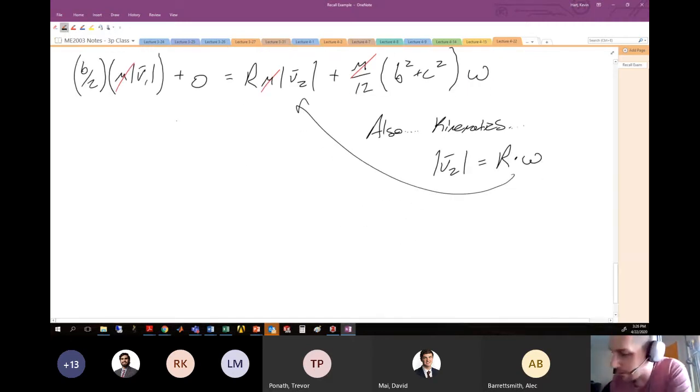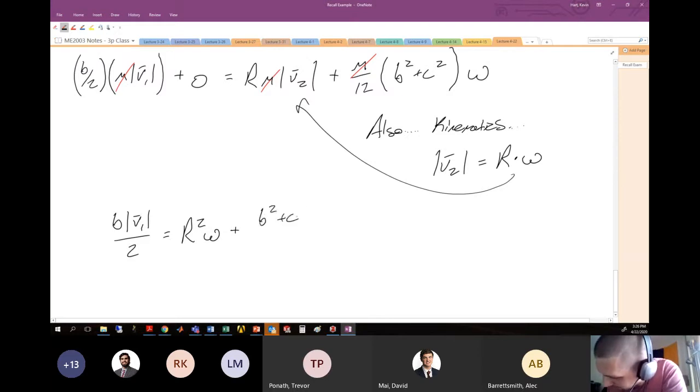With that substitution, we're going to end up with something like b on 2 times the magnitude of V1 equal to, making my substitution, R squared omega plus B squared plus C squared on 12 times omega. We can recall that R is this crazy thing by trigonometry.